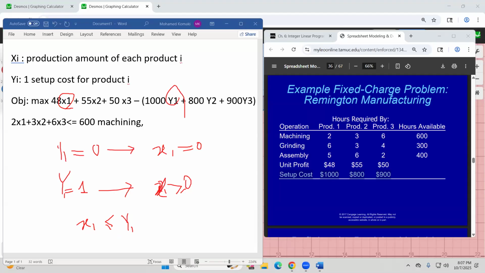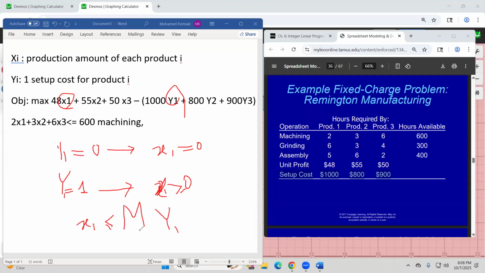If y1 is 1, the maximum amount of the product that I can have is 1, right? So you remember we just said x less than or equal to y1.